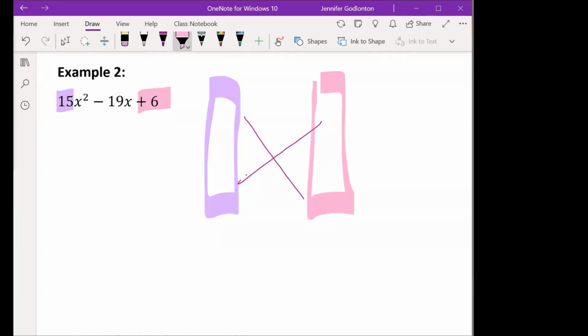Just give it your best go. If you're feeling confused with the signs at the end, that's not a problem. We'll get there. When we talk about this one, I'll talk about it quite slowly.